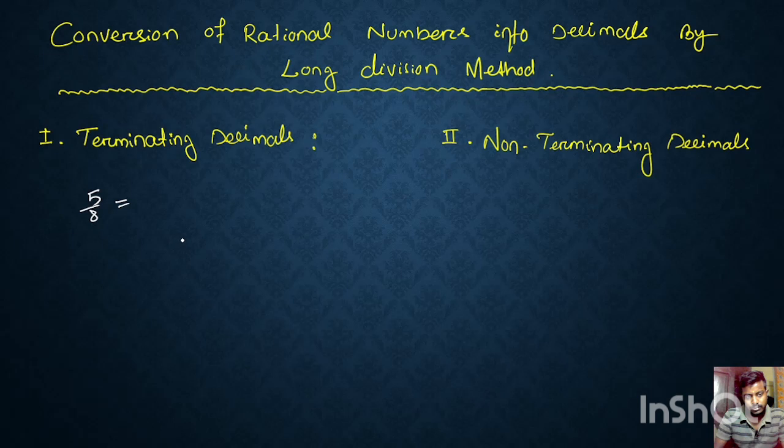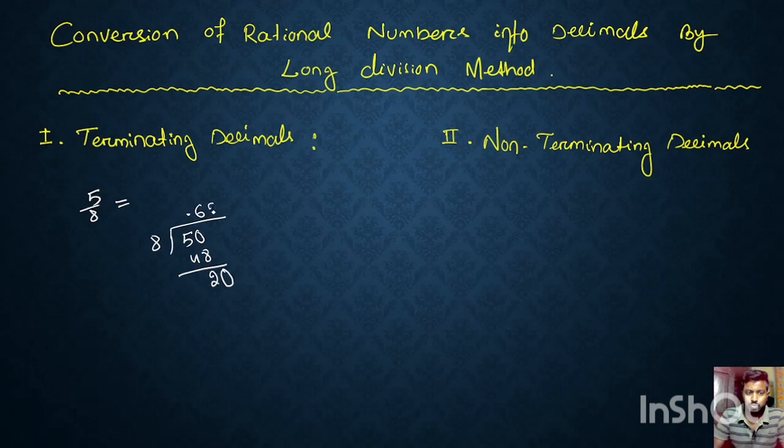Now first we divide 5 by 8. First we put a decimal, then we put 0. So 8 6 48, the remaining is 2. Due to the decimal, again we put 0, because we need the remainder to become 0.